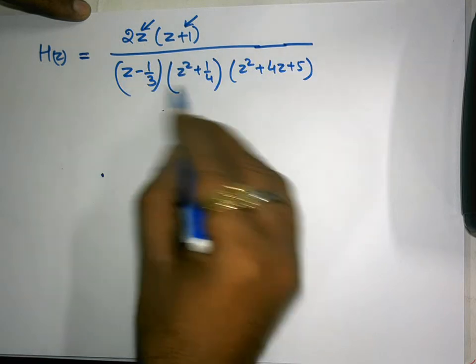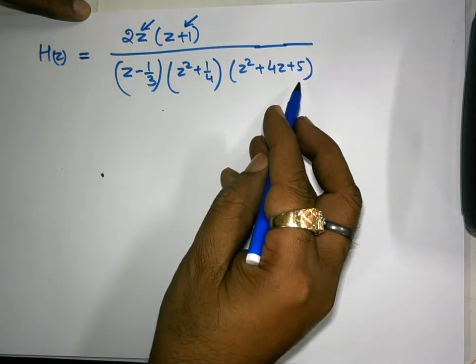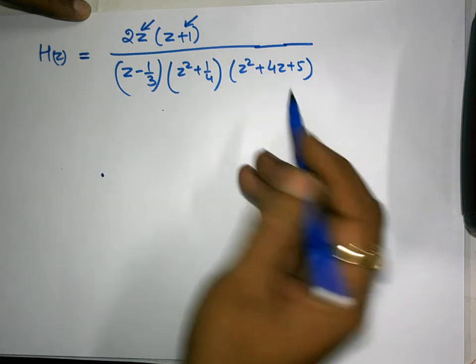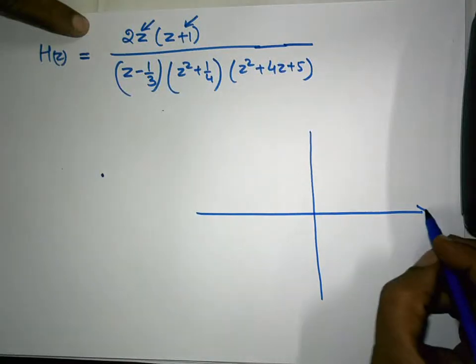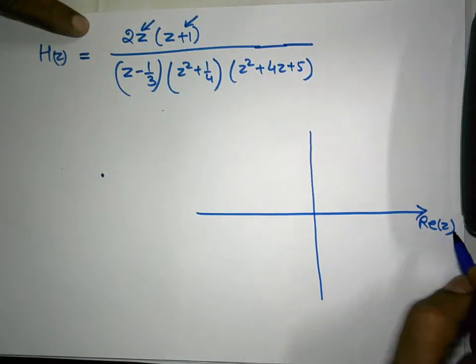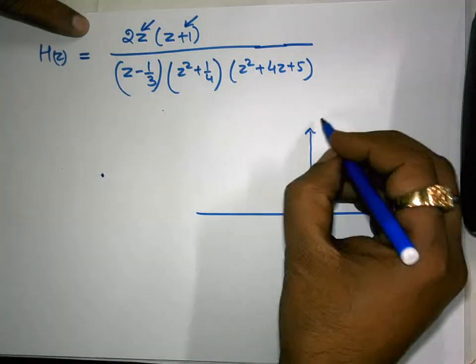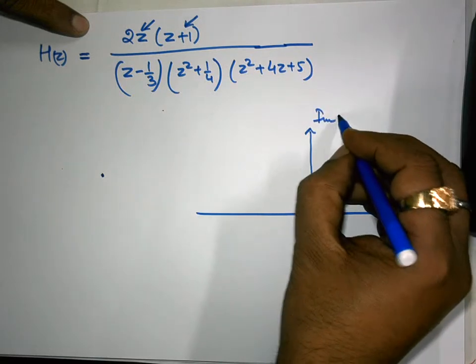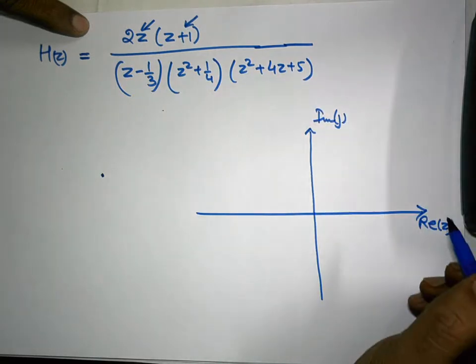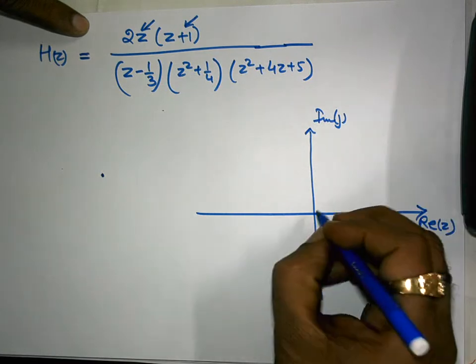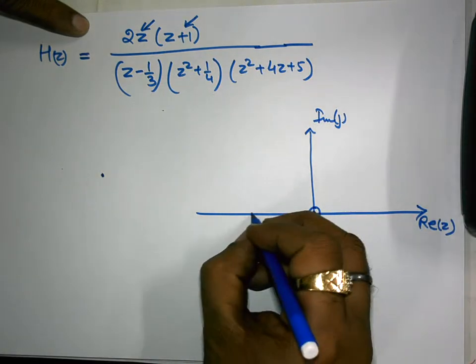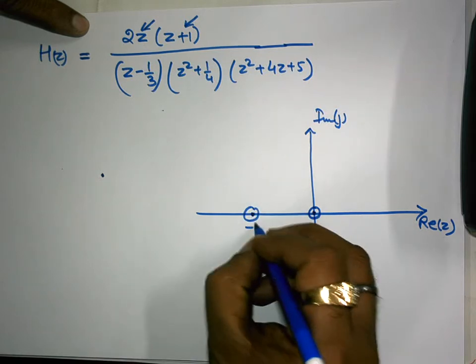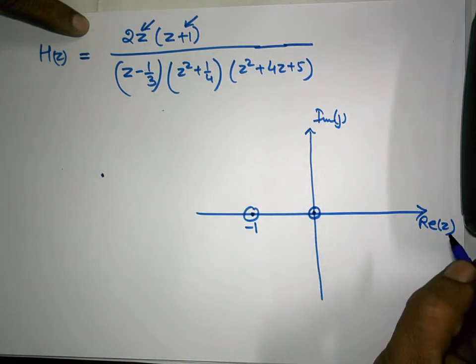The roots of the denominator polynomial will give you the poles. So if you plot the pole zero pattern of this, there will be a zero at the origin, and there will be a zero at Z is equal to minus 1.